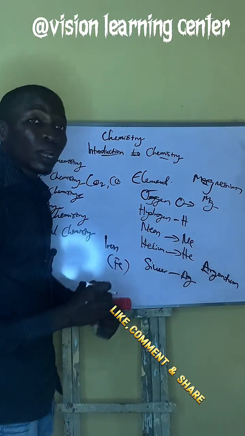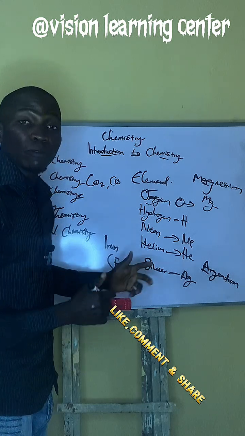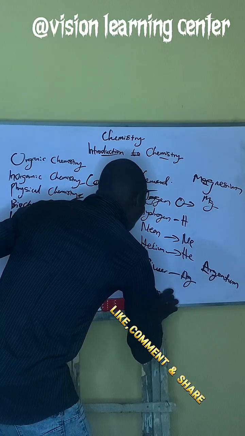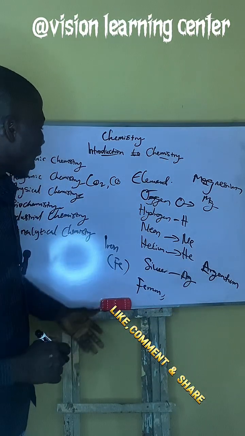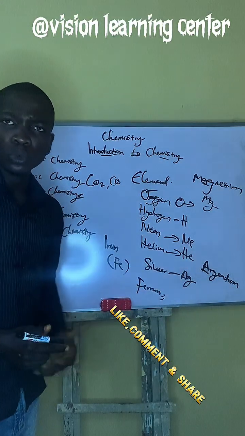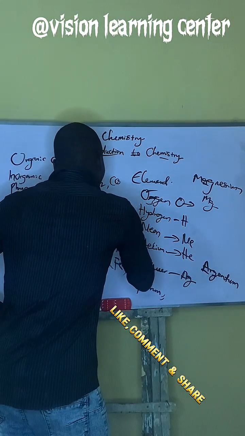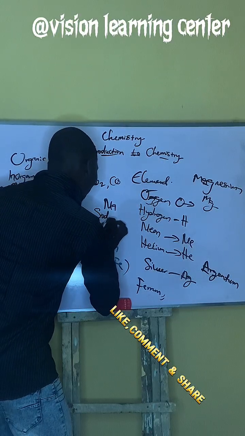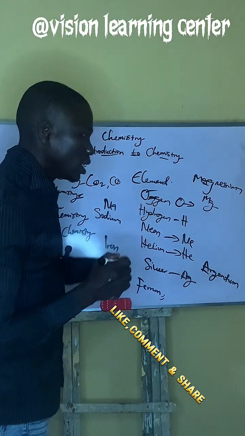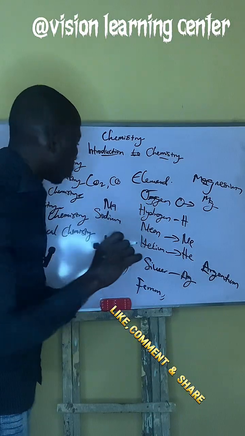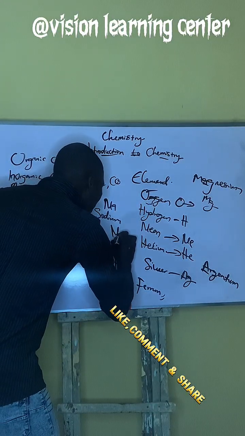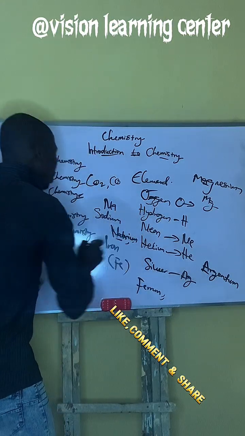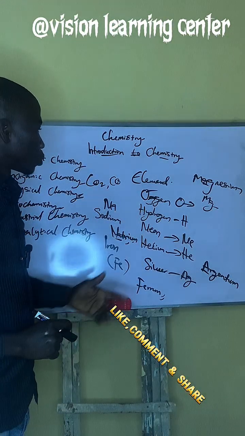The Fe is from the Latin name of iron, which is ferrum. There are many of them. We have sodium, which is Na. Why is sodium Na? It is gotten from the Latin word natrium.